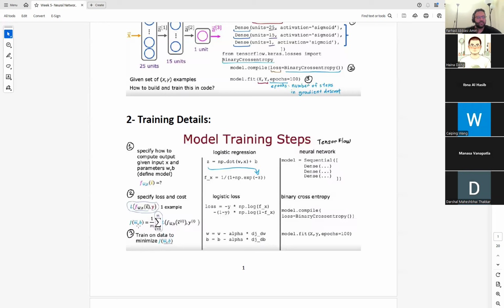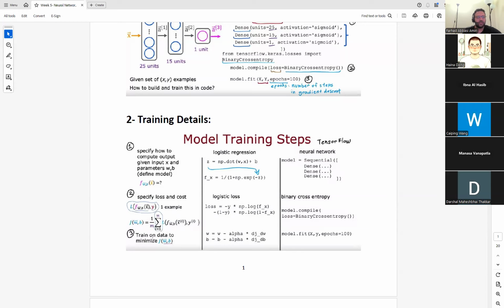And then J, the cost function, was the mean or average of the loss function, because we have a summation over the data set divided by the number of training examples. So this is the average of the loss function, which is called the cost function for logistic regression.